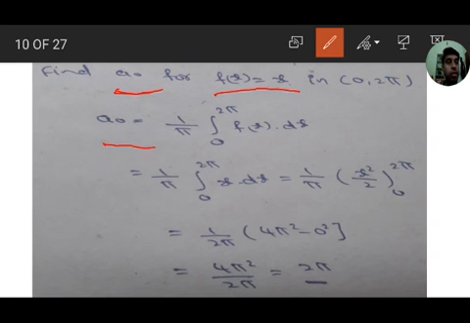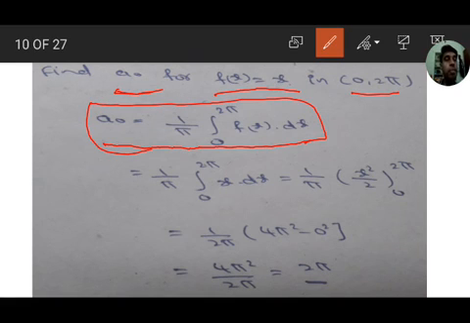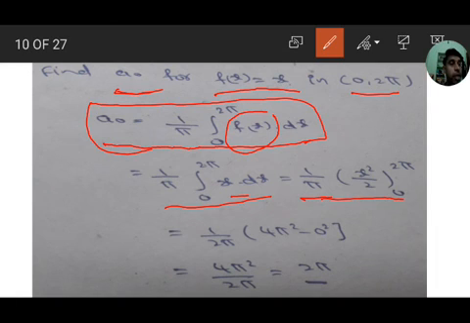Here the interval is 0 to 2 pi, so a naught equals 1 by pi integration 0 to 2 pi f of x dx. Here f of x equals x, so a naught equals 1 by pi integration 0 to 2 pi x dx. The integration of x is x square by 2, from 0 to 2 pi.